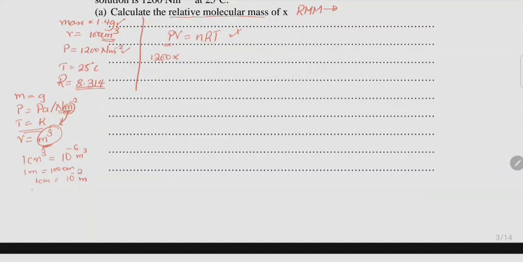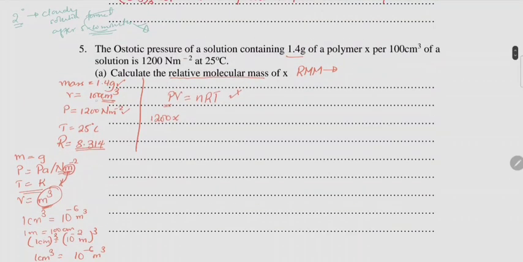If I cube each side, mathematically the powers will multiply, so negative 6 meters cubed. Now I will just multiply this 100 by 10 to power negative 6. So now our volume is sorted.